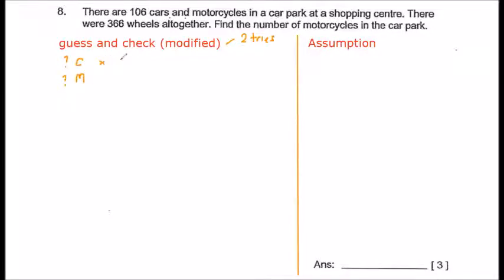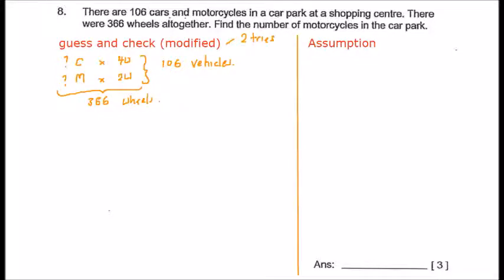But each car has 4 wheels, and each motorcycle has 2 wheels. And all in all, there are 106 vehicles, and of course, there are 366 wheels.